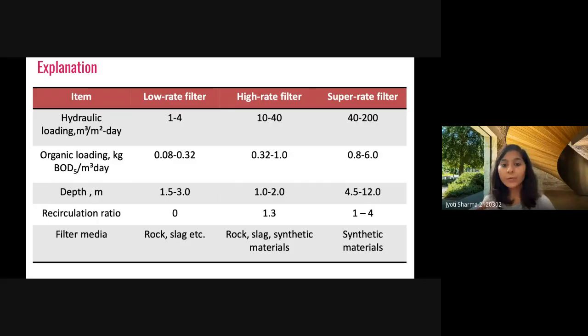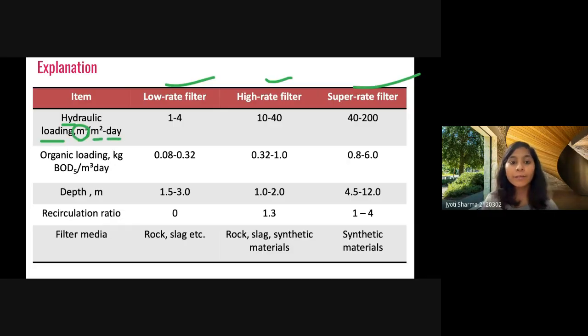So okay, we were talking about the difference between low rate filter, high rate filter, and super rate filter. If we are talking about the hydraulic loading, so how much of the polluted water we can have in that trickling filter, the volume per meter square per day.